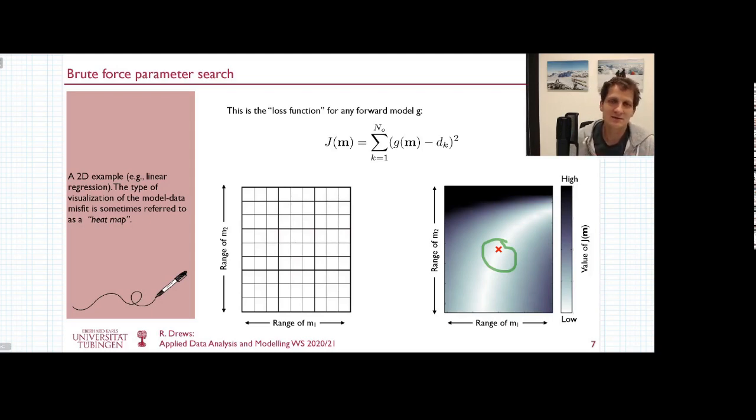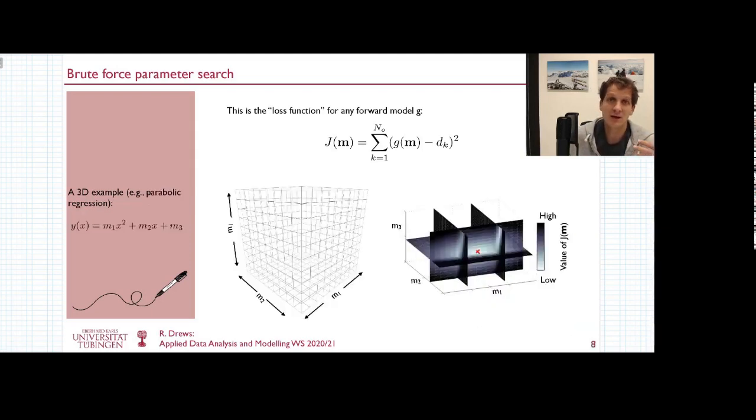Okay, so let's consider that I don't have a linear regression, but I want to fit a parabola. A parabola has three free parameters, one somewhat corresponding to the y-intercept, one to the slope, and then we also have an acceleration term over here. So we have now three free model parameters, and you see this brute force attempt becomes very, very quickly computationally challenging because the parameter space that you need to investigate grows and grows and grows as more parameters become available.